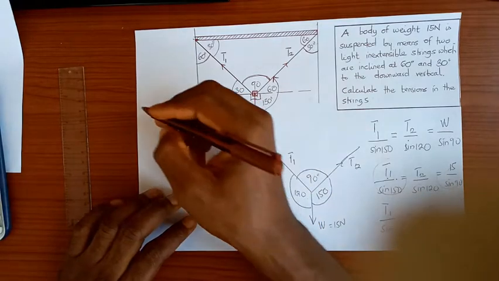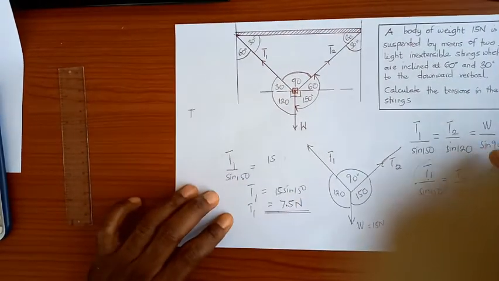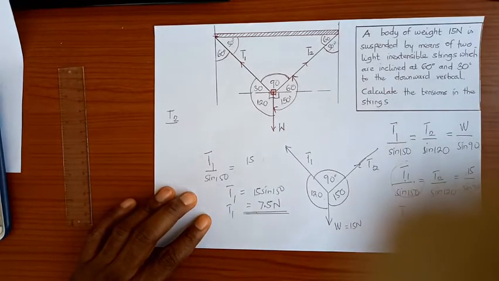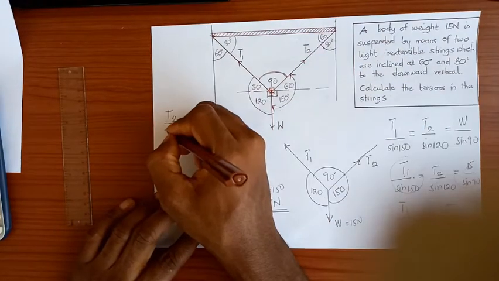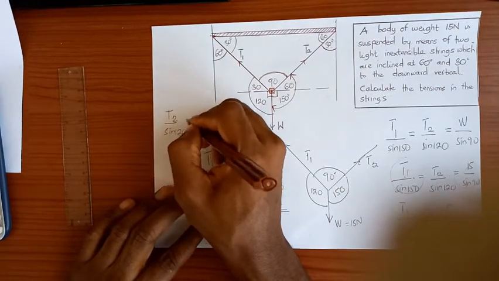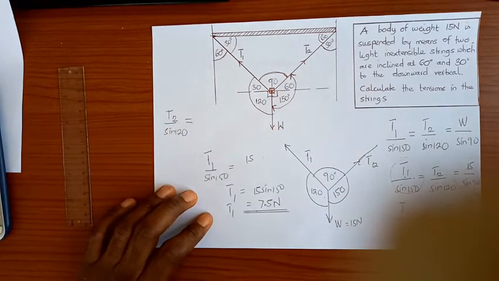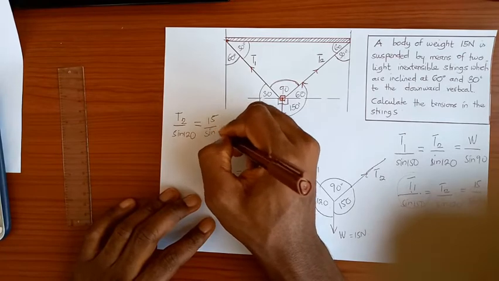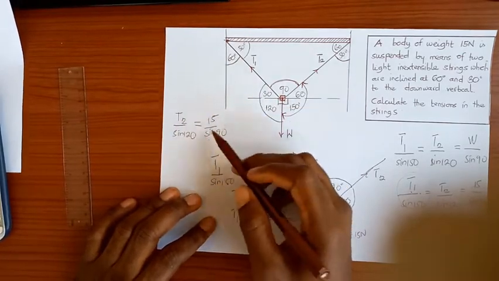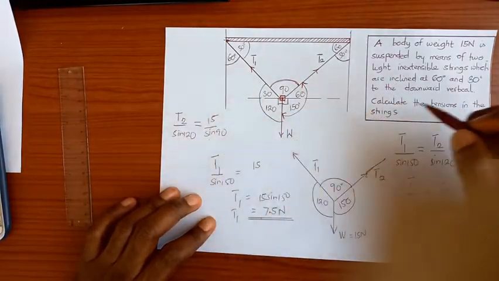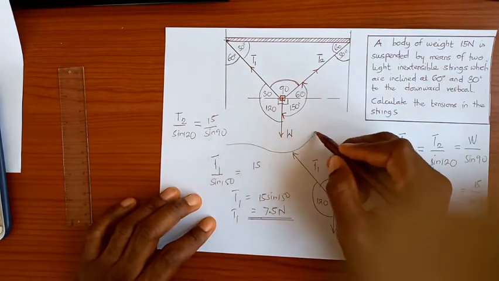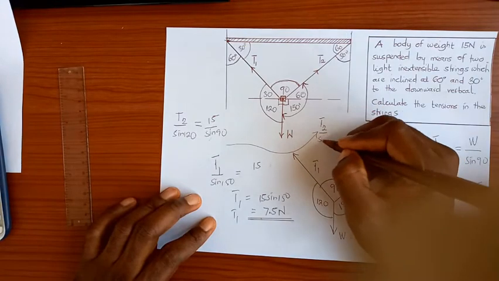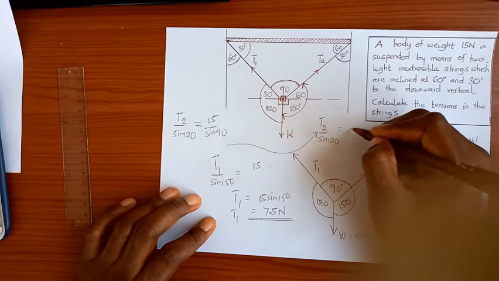So what you have is T2 over sine 120 equals 15 over sine 90. Again, this side is 1, so I'm running out of space, so let's go somewhere here. So I have T2 over sine 120 equals 15.